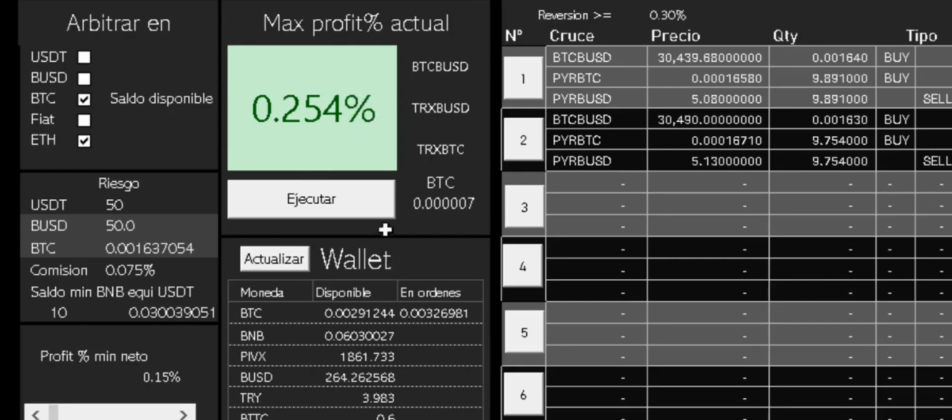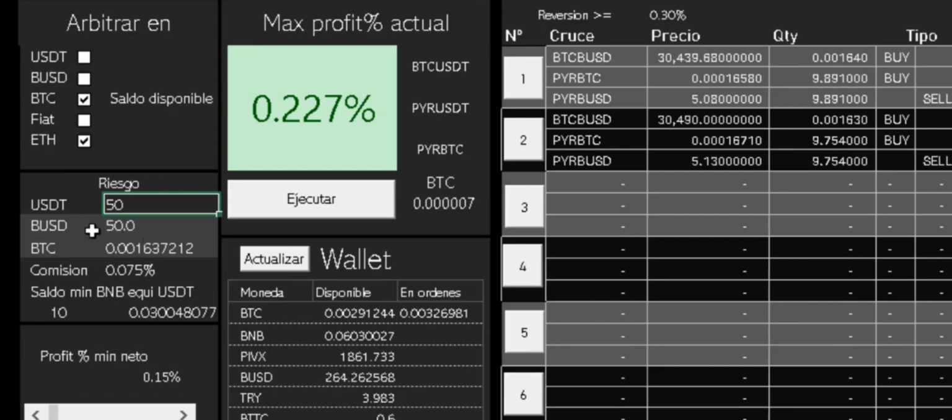The risk is how much I want to start operating the triangulation package with, and all this is depending on the USDT. In this case I have it with 50.